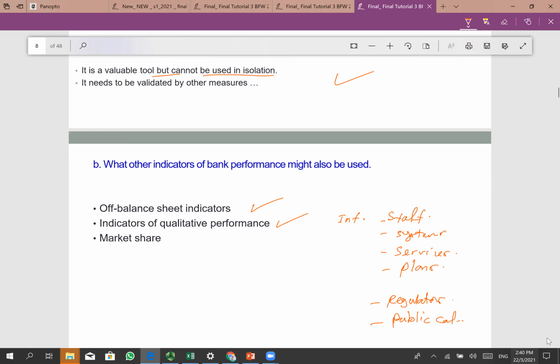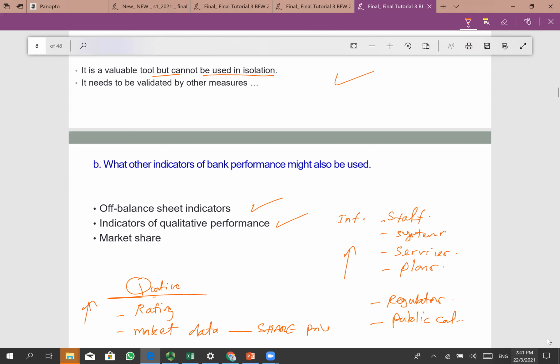You have also to look at the quantitative, which is the rating and the market data. And when I say market data, I mean the share price. These all have to go up if the ROE is going up.